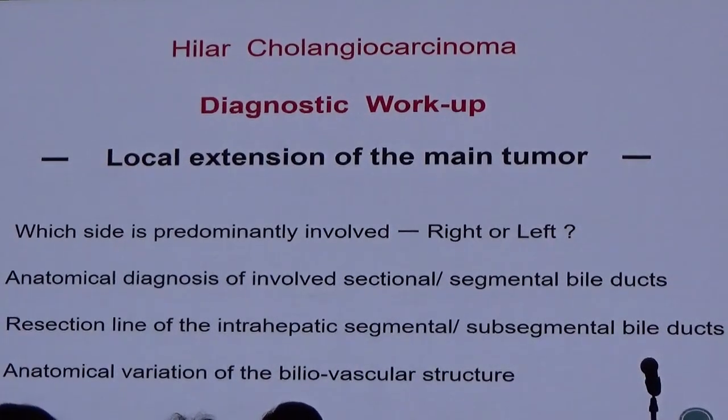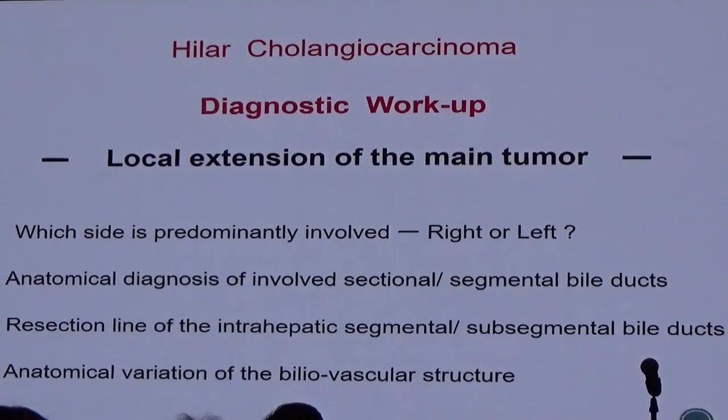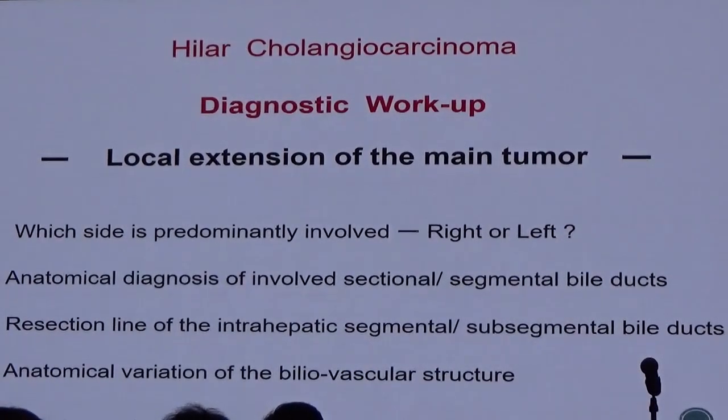Of course, anatomical investigation of the intrahepatic sectional, segmental, and subsegmental bile duct is very important. And the resection line of the intrahepatic segmental and or subsegmental bile duct is very important to make arterial resection. Of course, anatomical variation of the biliovascular structure is also very important.